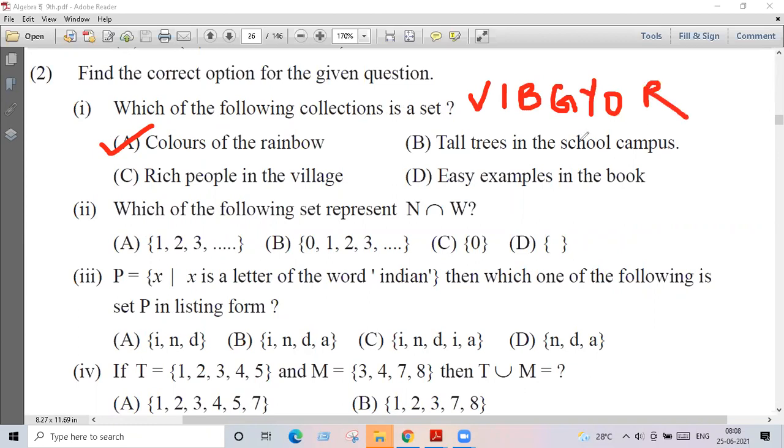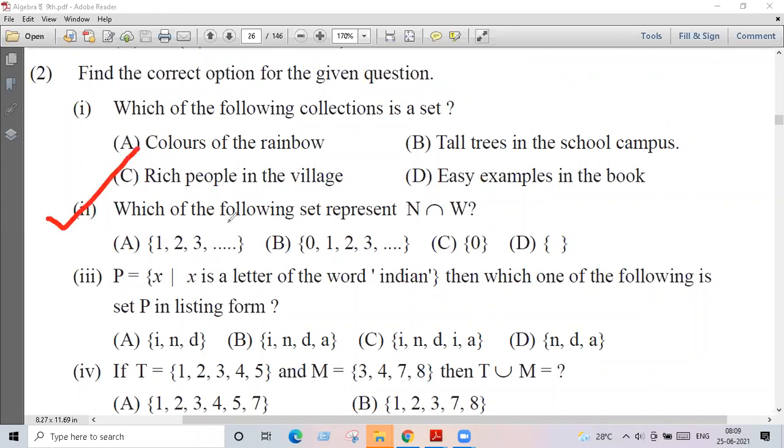Tall trees in the school campus, you cannot say that is a set. Rich people in the village is also not a set, because there is no definition of rich. So you cannot say who is rich and who is not rich. And easy examples in the book is also not a set because an example that is easy for one may be difficult for another.